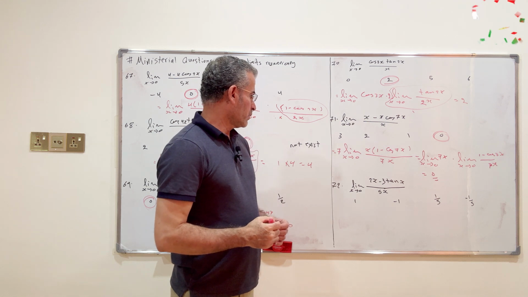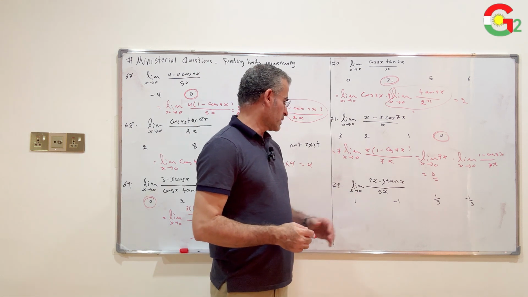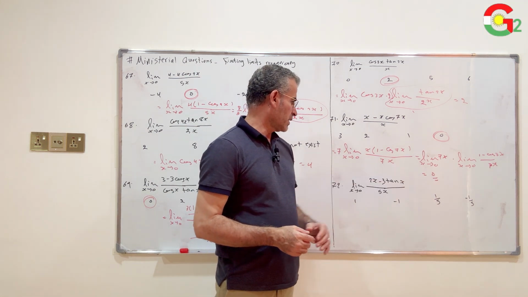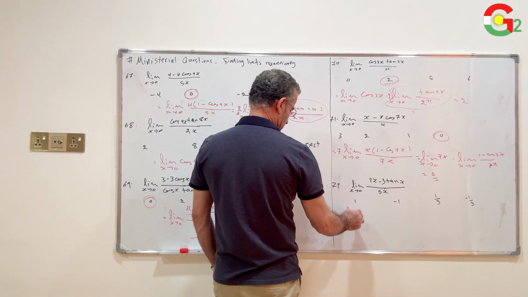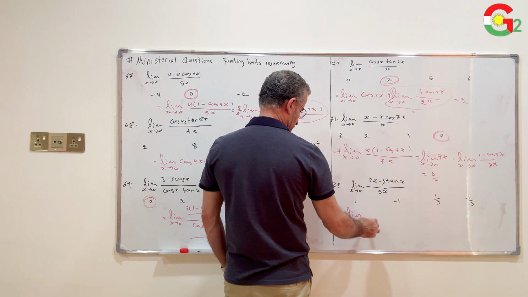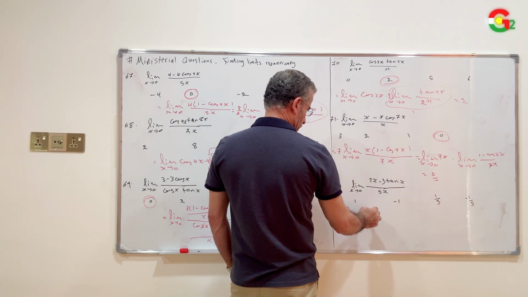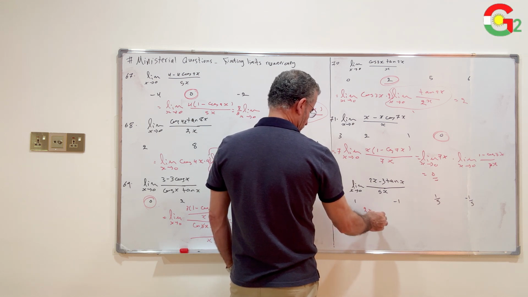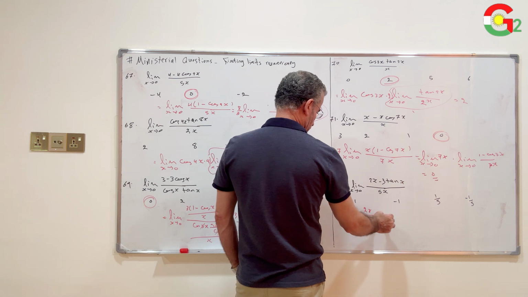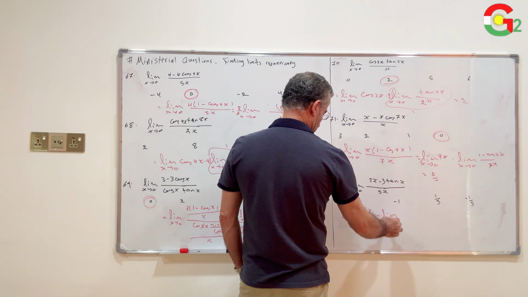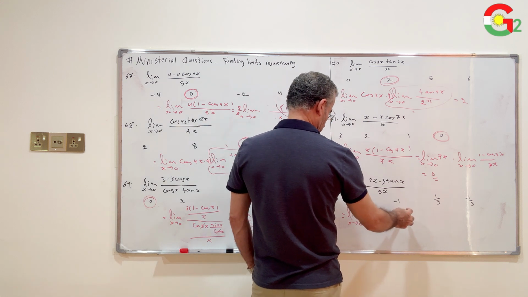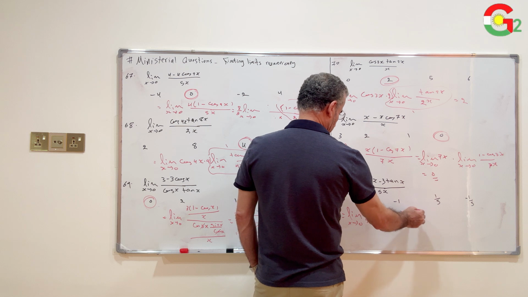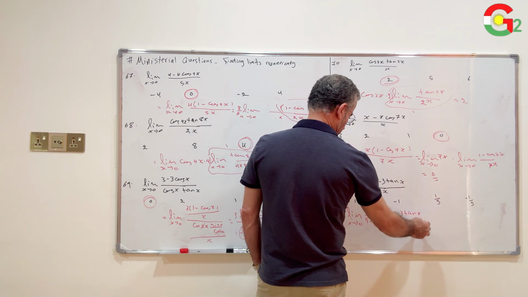Question number 72. Find the limit when x approaches 0 of 2x minus 3 tan x over 5x. This limit will be the limit of 2x over 5x minus the limit of 3 tan x over 5x.